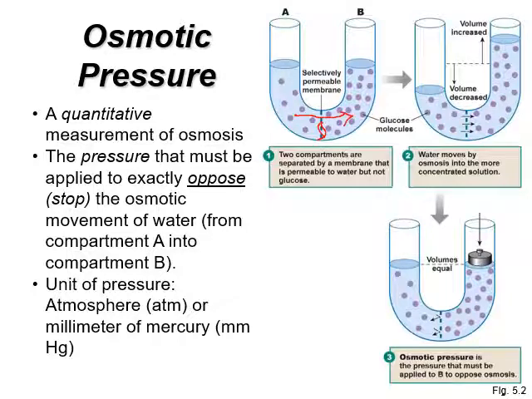Osmotic pressure is basically how much pressure has to be applied here to keep the water columns equal, because water is drawn into the solution with higher osmotic pressure. So what's the pressure we have to put on? That's how you calculate the osmotic pressure.